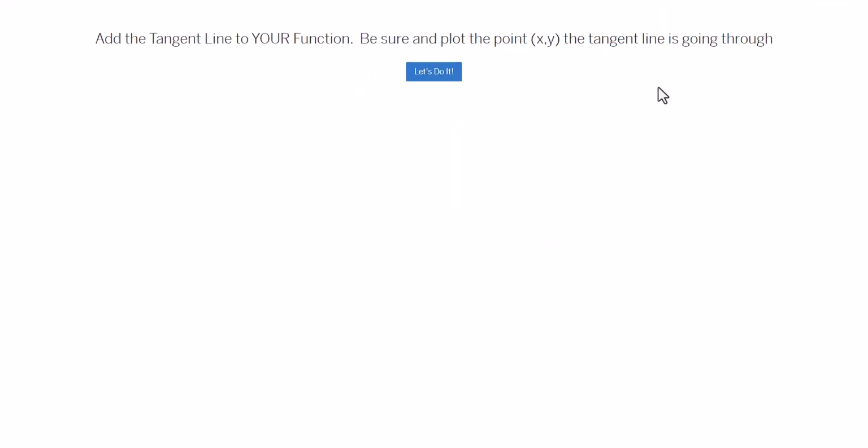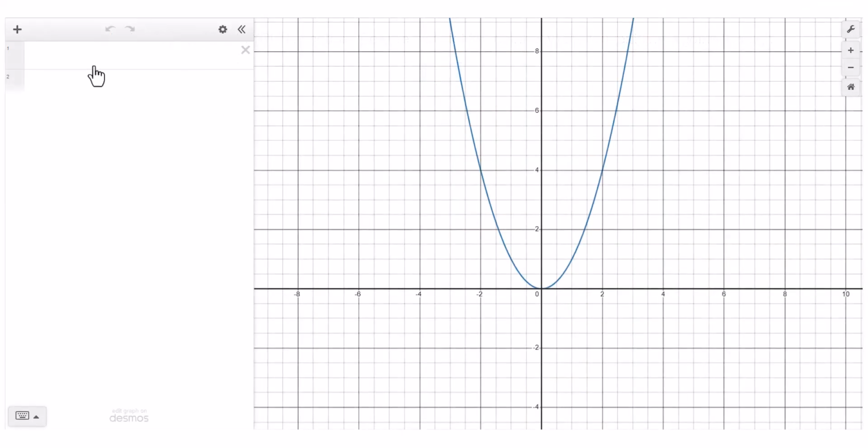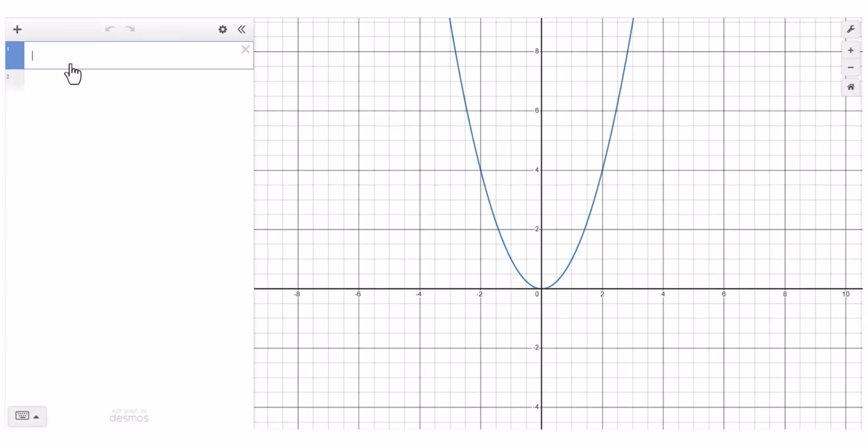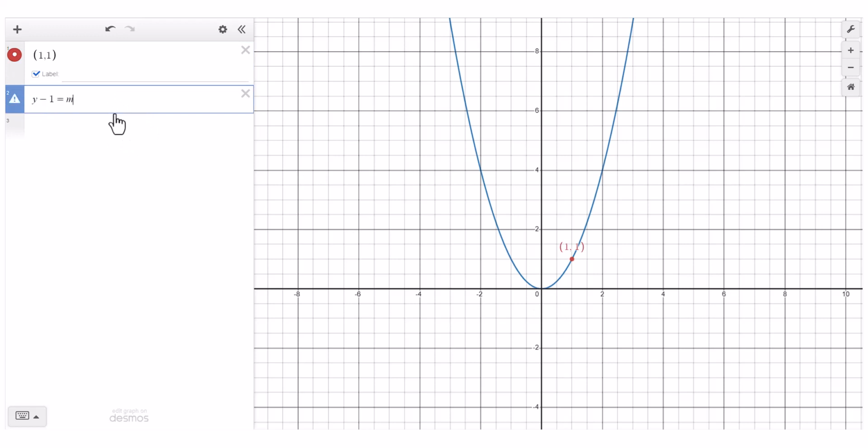All right, so get ready to do this. Now I want to plot, and go back in, because I already forgot my point was, I guess, (1, 1), y minus 1, 2. We'll see if I can remember that. If I plot my point, nice, it is on the actual function, and then I do my tangent line.